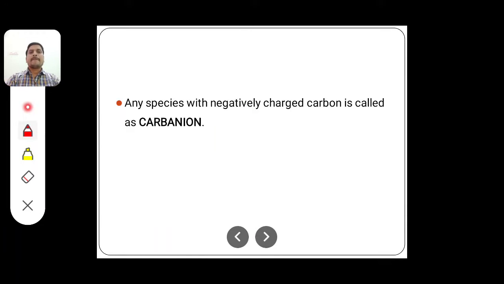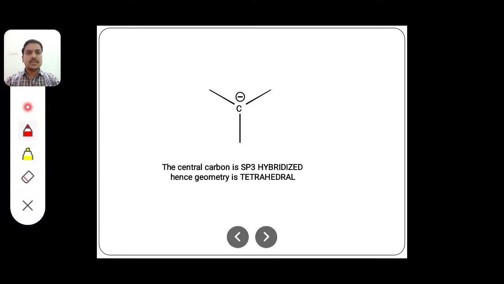First, definition. How you can define carbanion? Any species with negatively charged carbon can be called as a carbanion. So what is geometry and hybridization of this carbon which carries negative charge? The central carbon which carries negative charge has 4 pairs of electrons around it, means it contains 8 valence electrons.